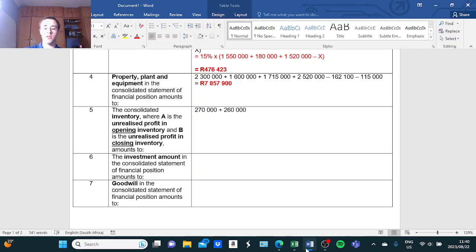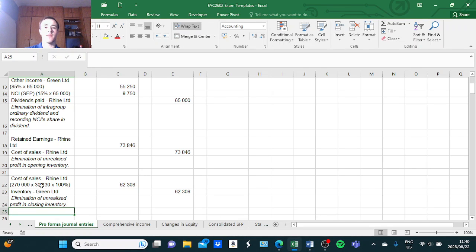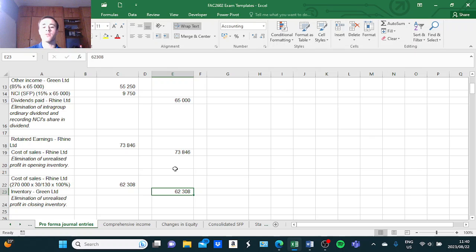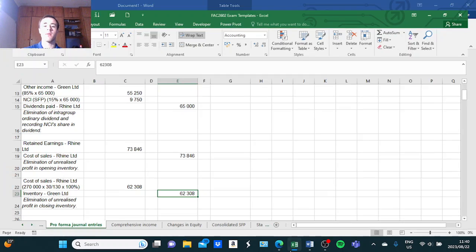According to this journal entry, the elimination of unrealized profit in closing inventory, inventory for Green Limited, the parent, is credited. So this will be shown as a negative adjustment. According to the information in the question, B represents the unrealized profit in closing inventory. In other words, B represents the 62,308.